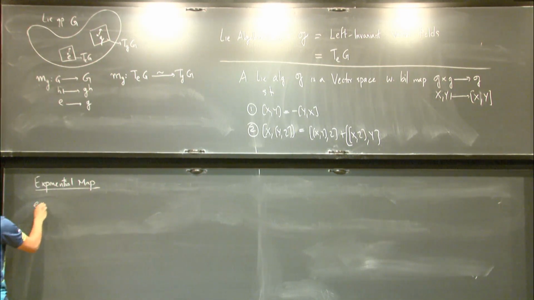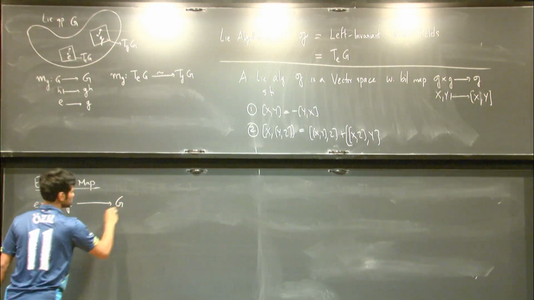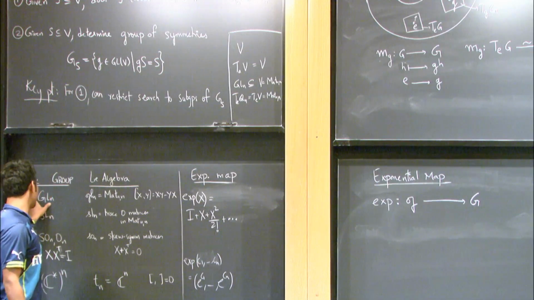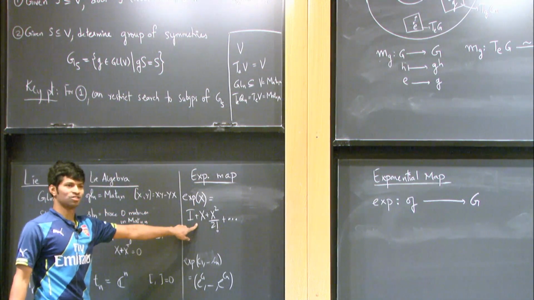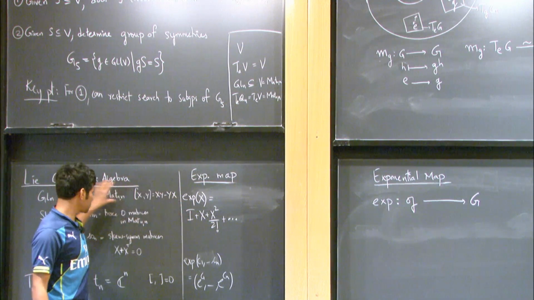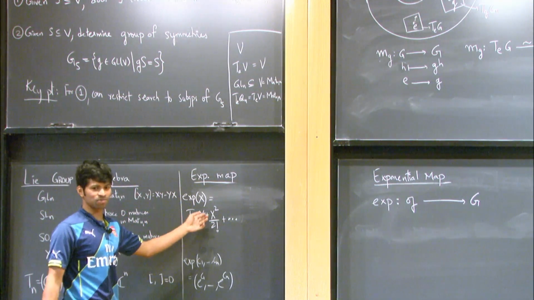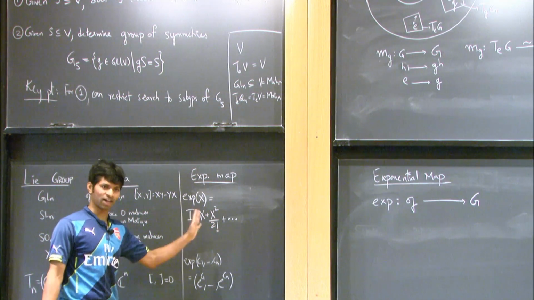So the exponential map, it's a map from the Lie algebra back into the group. Okay. So in these cases, let me tell you exactly what it is before I tell you what it is. So in the case of GLn and all its subgroups, the exponential map is just the exponential. Whatever is in the Lie algebra is a matrix, and you just do identity plus x plus x squared over 2 factorial plus so on. Okay, that's exactly what it is.